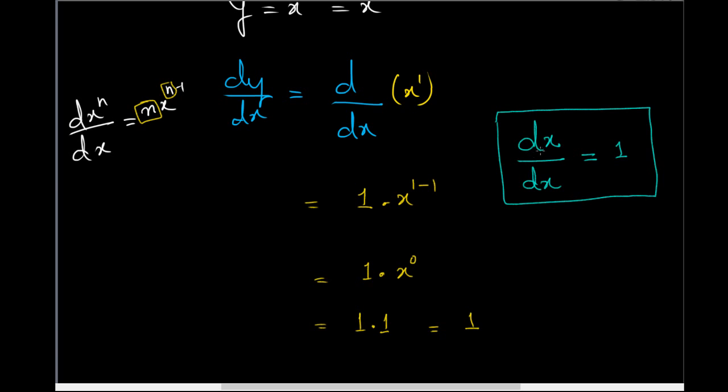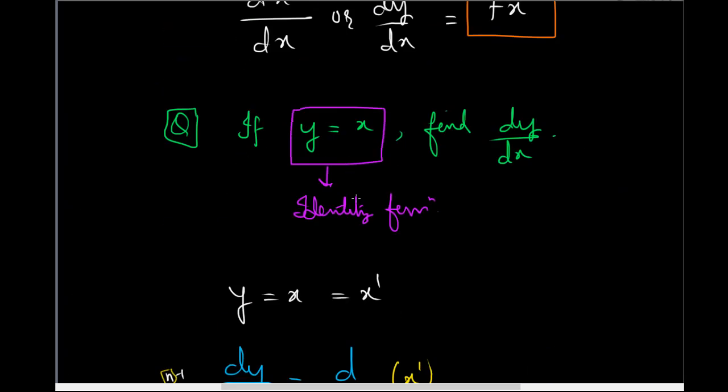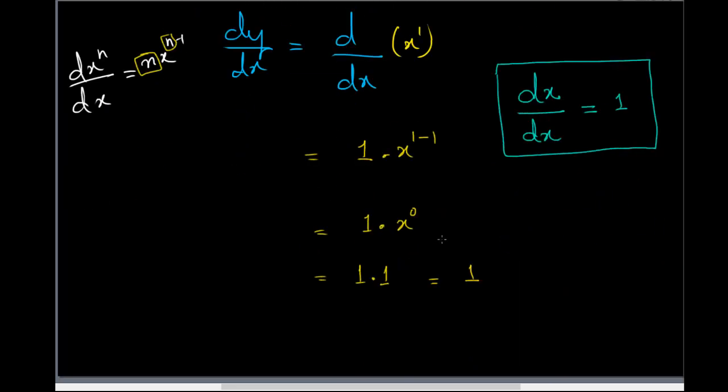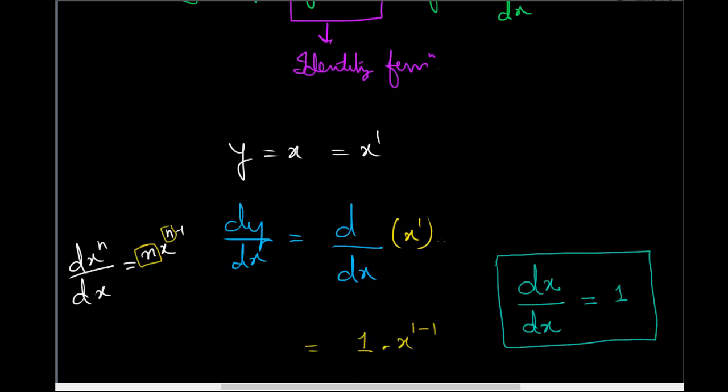We can say that derivative of x with respect to x is simply 1. This can also be understood by common sense, like dx over dx, same thing in the numerator and denominator gets cancelled, so that is simply 1. That's another way to think about it, but the theoretical approach to prove it using the formula is like this. Okay, and let us see one more.